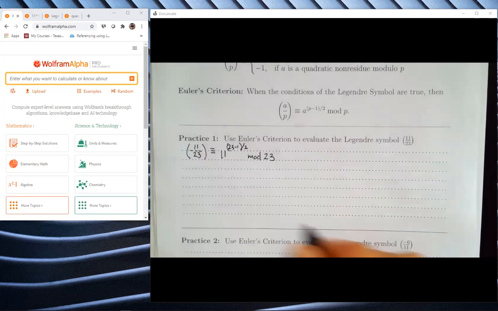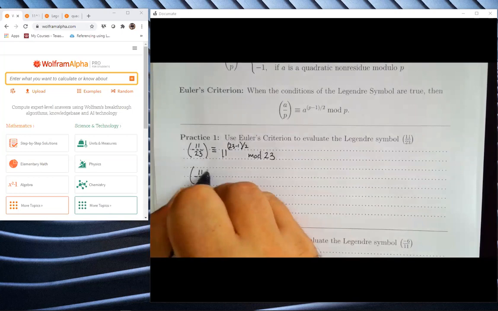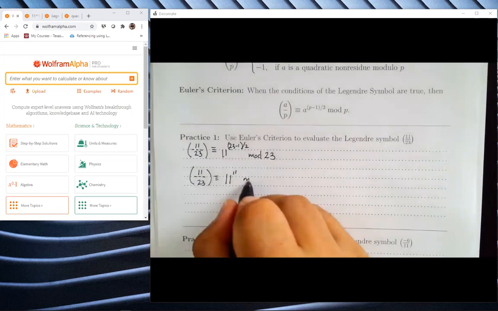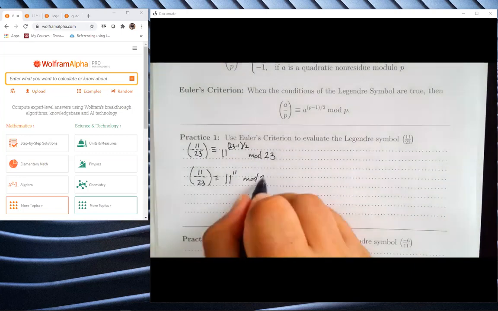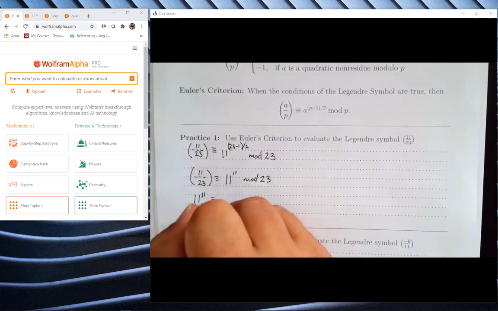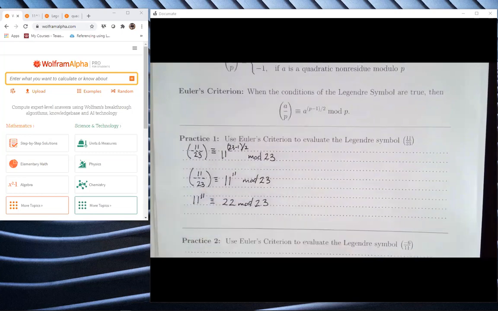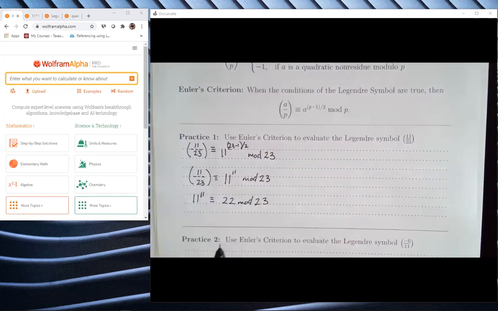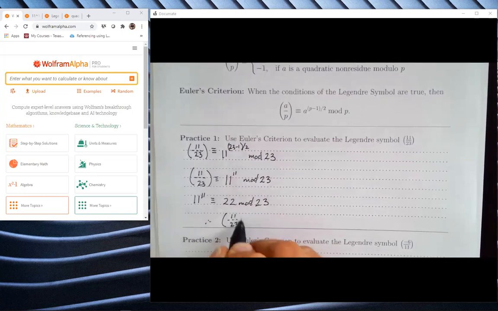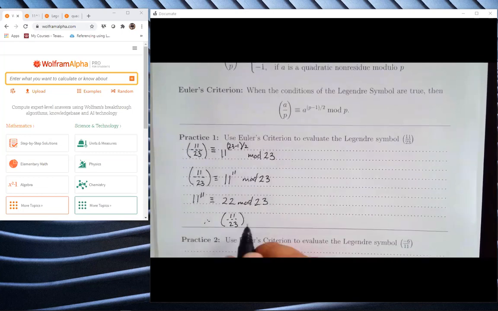It means this Legendre symbol will be congruent to 11 raised to the 11th power modulo 23. Well, 11 raised to the 11th power is congruent to 22 modulo 23. And what does that tell us? That therefore this Legendre symbol of 11 modulo 23 will equal -1.